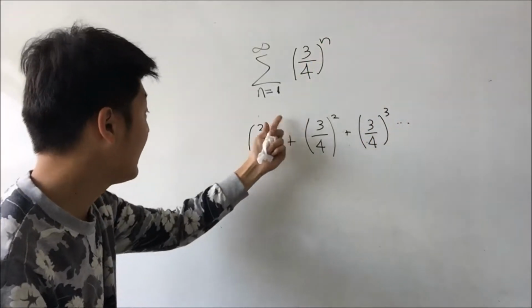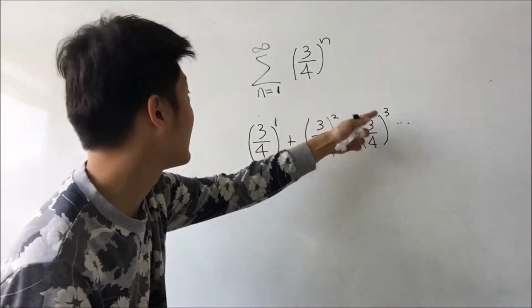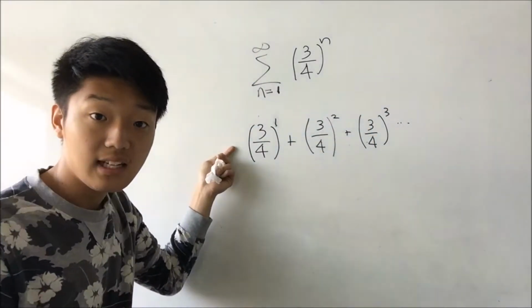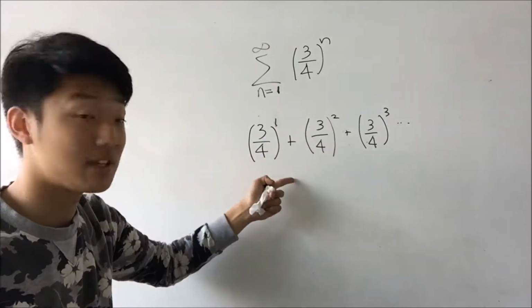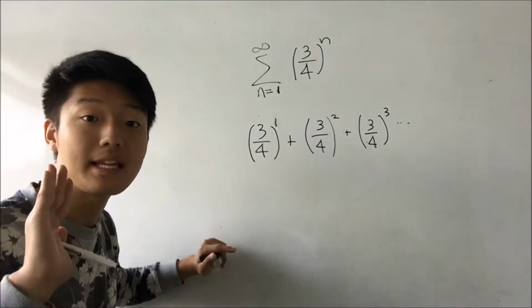So this is n, and n increases by 1 and it goes to infinity. Because you cannot do this infinite times and solve problems, let's use a trick.